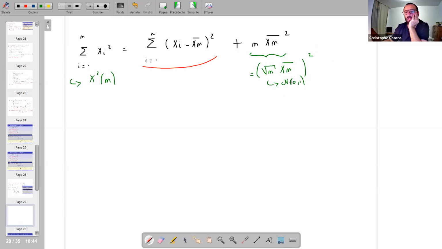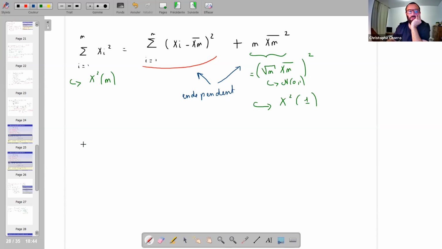So you have here the square of an N(0,1), which is a chi-square of parameter 1. So you have a chi-square of parameter n, and a chi-square of parameter 1. And both quantities are independent.